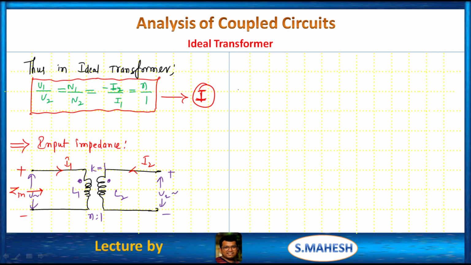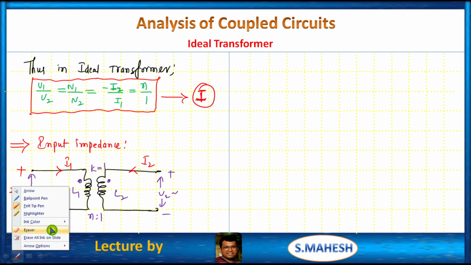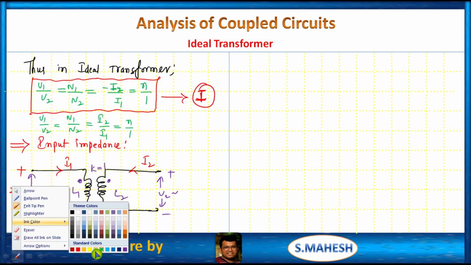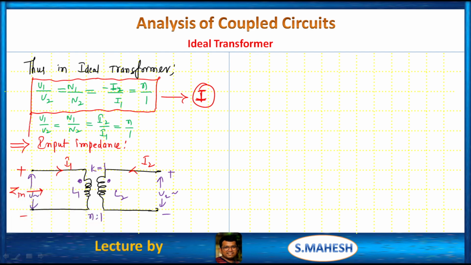Okay, we know that, or we can write this also, V1 by V2 which is equals to N1 by N2 which is equals to I2 by I1 which is equals to N by 1. It totally depends upon the mutual inductance only, okay.